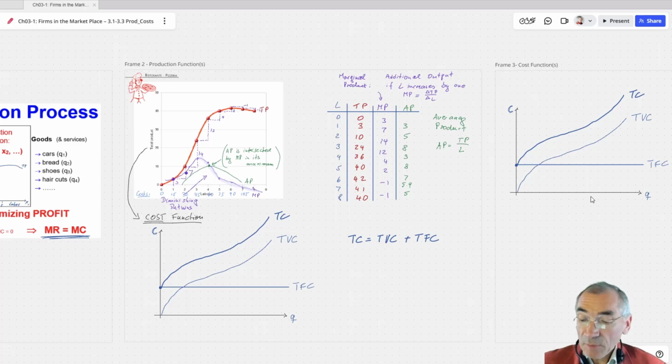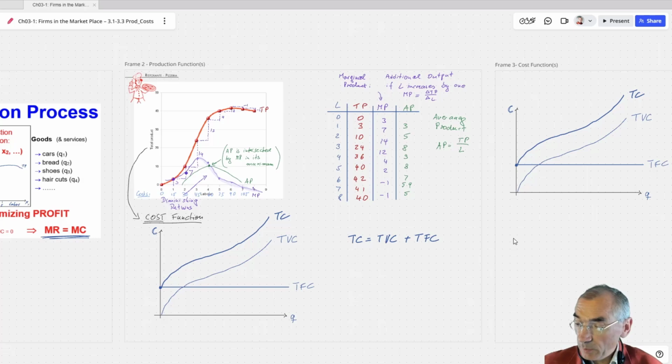I hope it became clear why we did all this, why we started with this production process, deriving the production function a bit more intensively, in order to be able to say, okay, if this is the production function, then we get this shape of cost functions. And you have some numbers here. These are the total costs.